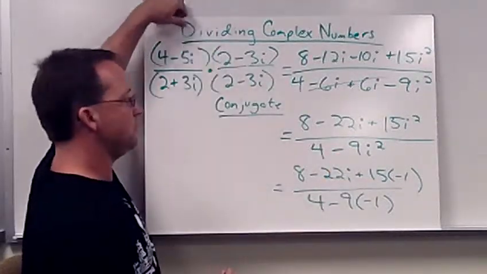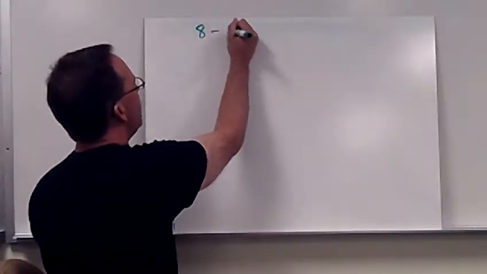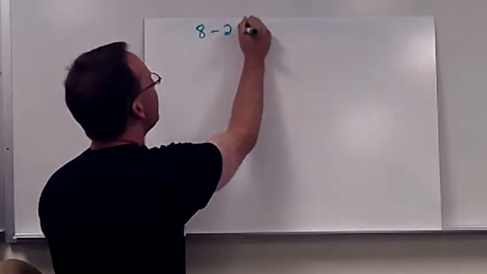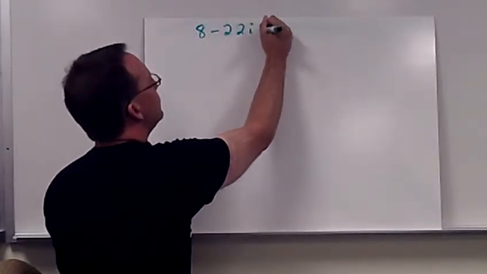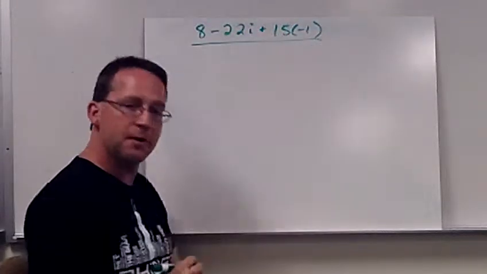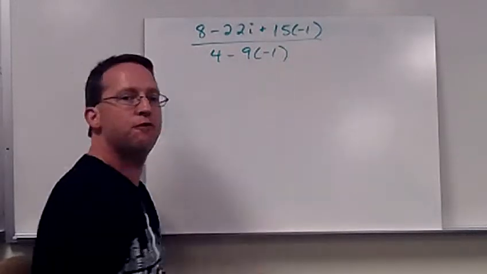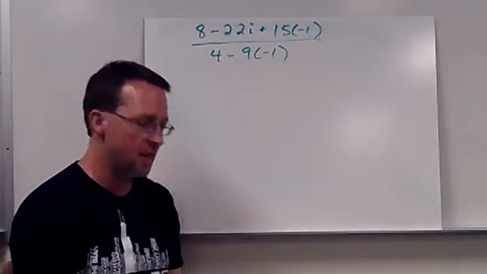All right? So we've got that. And we're going to move on. I'll just rewrite what we had there in that last step. We had 8 minus 22i, and then 15 times negative 1 on the top. And then the bottom, the imaginaries had canceled out. And we had 4 minus 9 times negative 1.